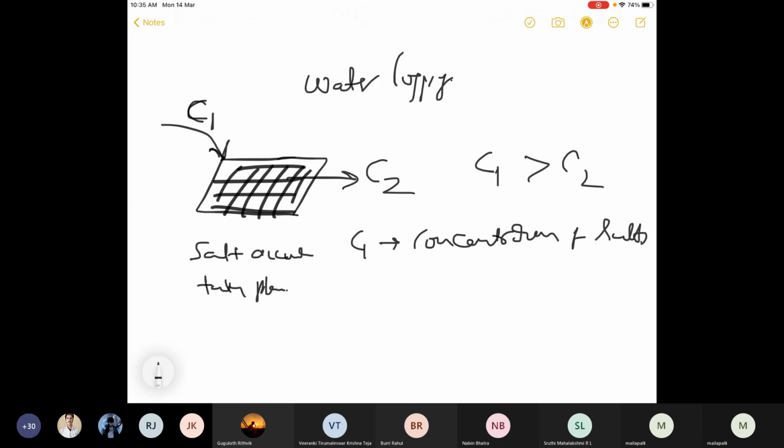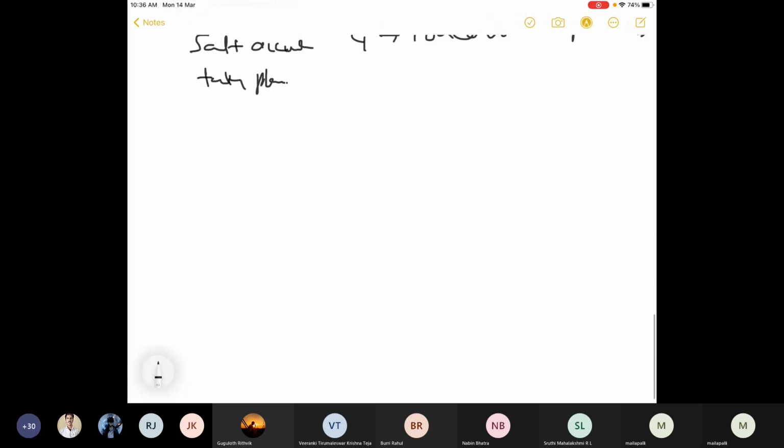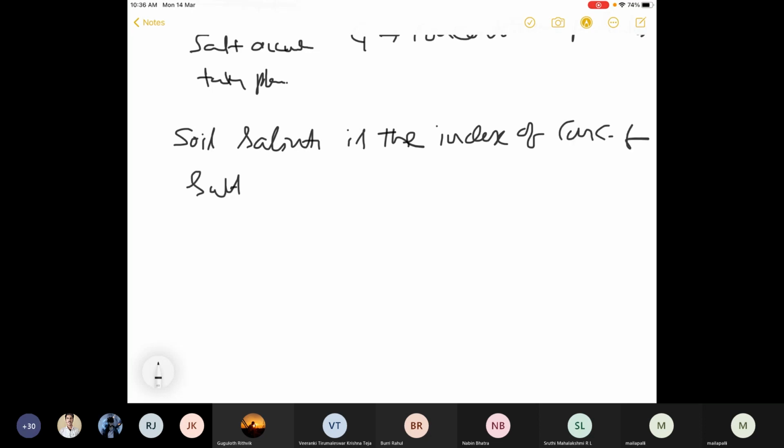Now let's see how to represent the salinity. So we need to understand what is the unit of salinity, how to represent salinity. Okay, so the soil salinity is the index of concentration of salts in soil.